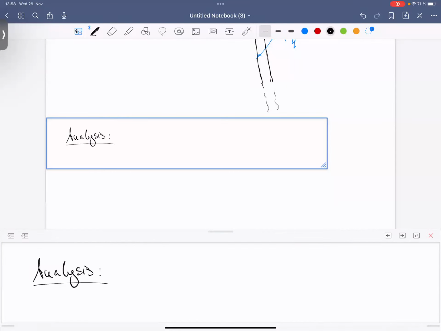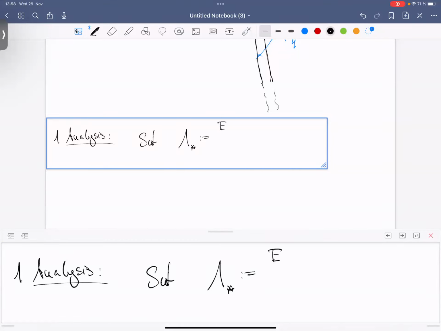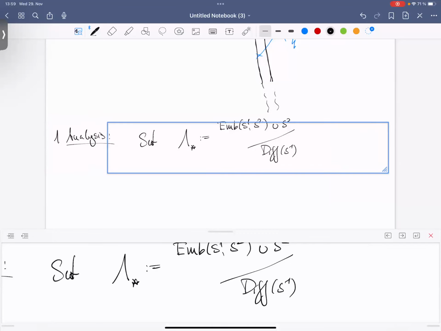This is an idea that goes back to Grayson and curvature flow. We look at a certain horrible space, which I call lambda star, which is the space of embeddings of S1 into S2, together with the constant curves, and I divide by the diffeomorphisms of S1. So basically by the reparameterizations of curves. They act as reparameterizations here.